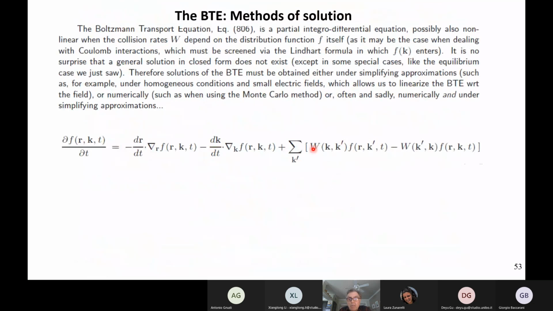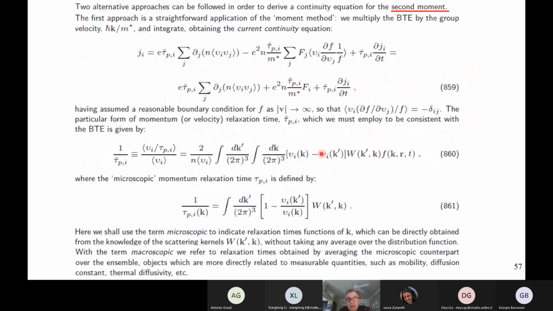You realize that if I multiply by the velocity, I get the difference between two terms, and this is exactly what I express here. I have swapped the integration over the entire k and k prime, swapping k and k prime in a second integral. So what I have is a formal definition of the momentum relaxation rate, which is here.